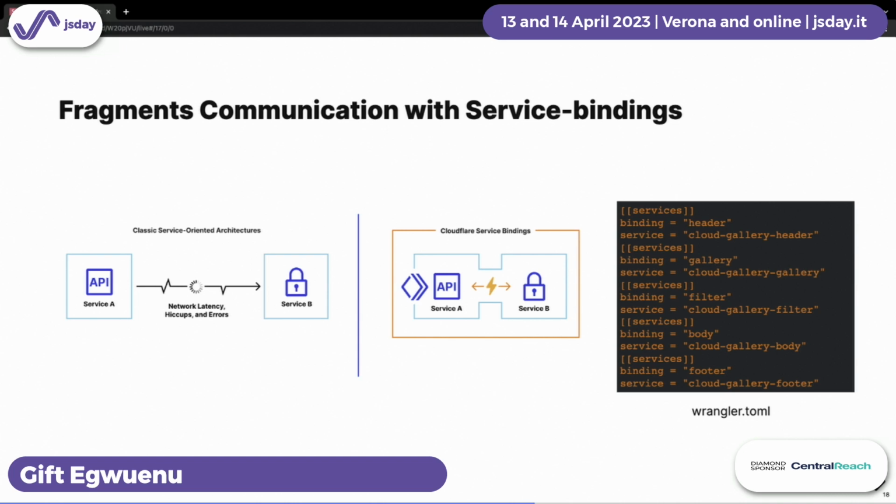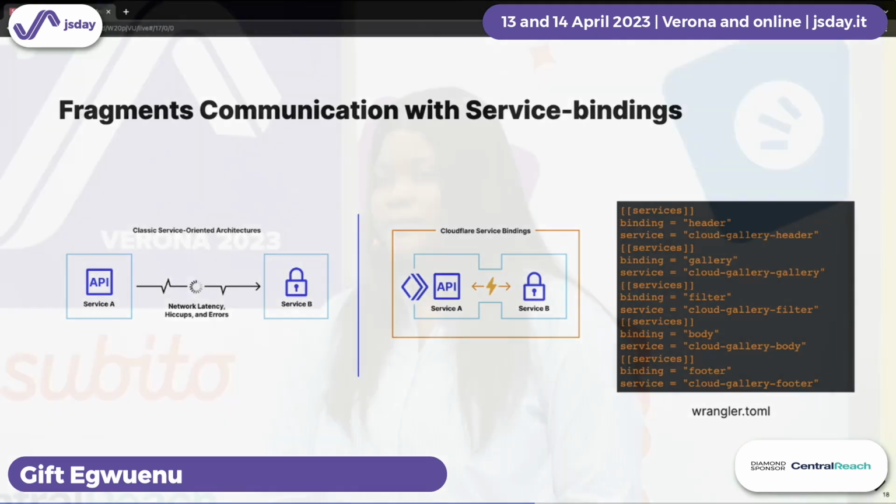So this is how the responses are streamed from the children fragments up to the parent one. Cloudflare offers something called the service binding API. I think under the hood, I would say yes. That's how they communicate to the main application.